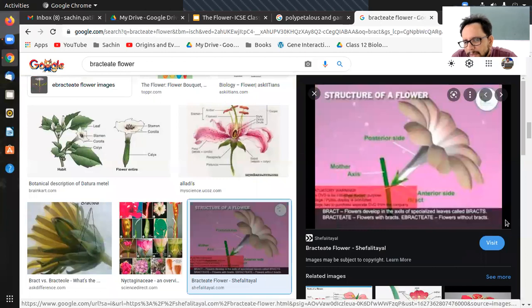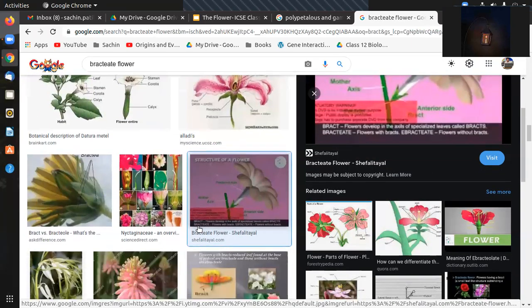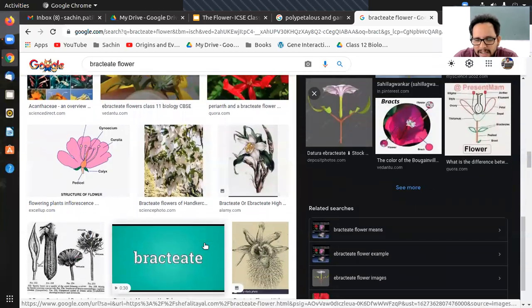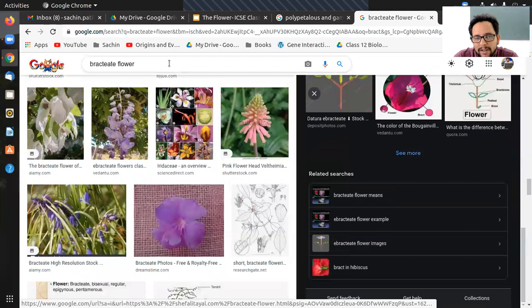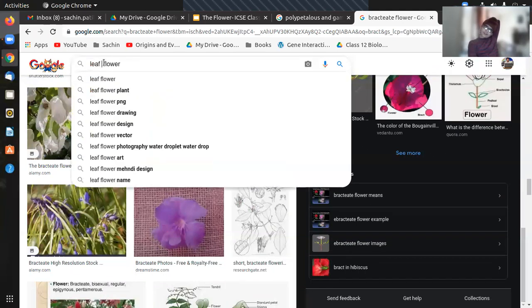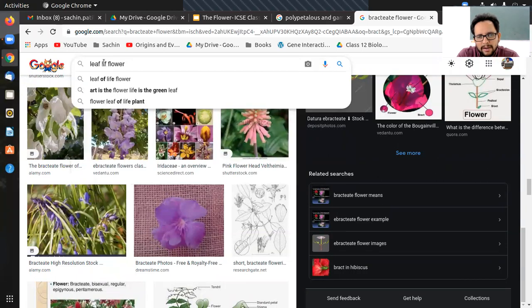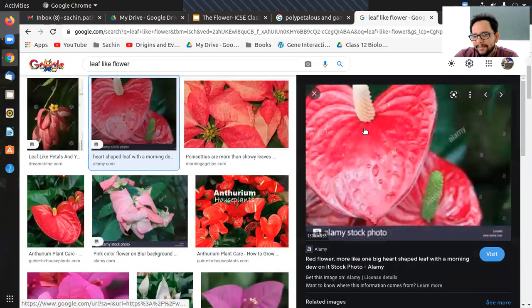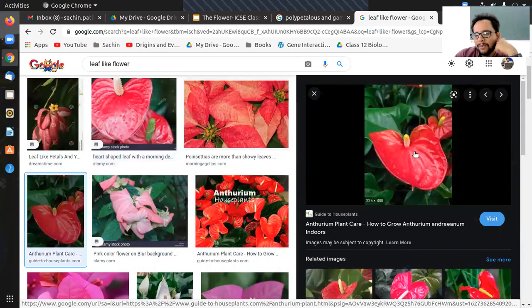The typical example of a bracteate flower, I don't remember the name, so I can't Google it directly. Let me see. Bougainvillea is surely one example, and it is so common, everywhere. But the other one I wanted to show is a leaf-like flower. Yeah, this one. Have you seen this? It's quite commonly observed.